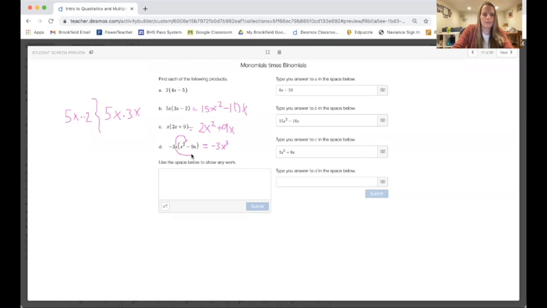And then negative 3x times negative 9x is positive 27x squared, because x times x is x squared. So negative 3x to the third plus 27x to the second.